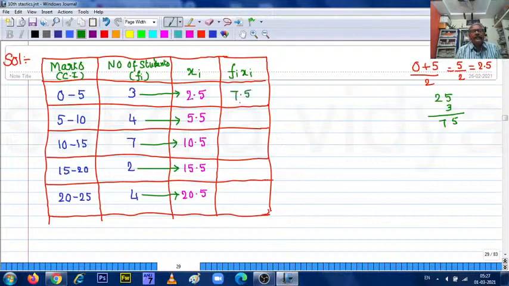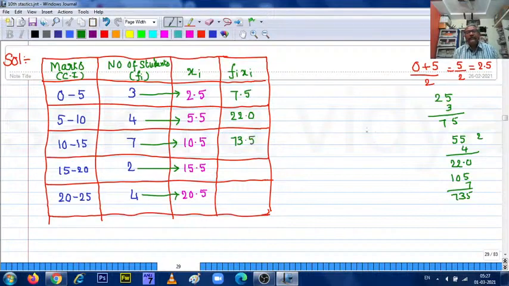Now 7.5 into 4: 4 times 75 is 300, with 1 decimal point, so 30.0. Next 12.5 multiplied with 7: 7 times 125 is 875, with 1 decimal point, 87.5. Next 17.5 into 2 is 350, so 35.0. Now 22.5 multiplied with 4 is 900, so 90.0.